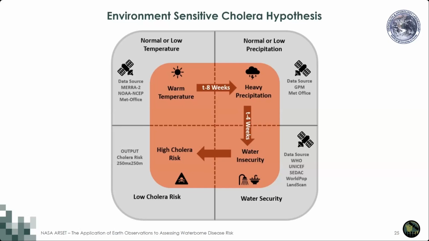And we get those data sets typically from places like WHO, UNICEF, and a whole bunch of other places, typically local governments as well, if they're willing to share those with us. All of these conditions really lead us to the high risk of cholera, which we can output at a pixel scale to identify high risk areas.